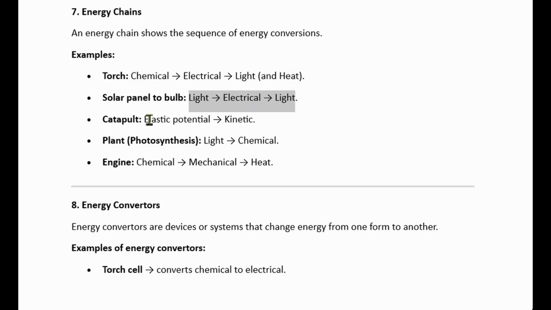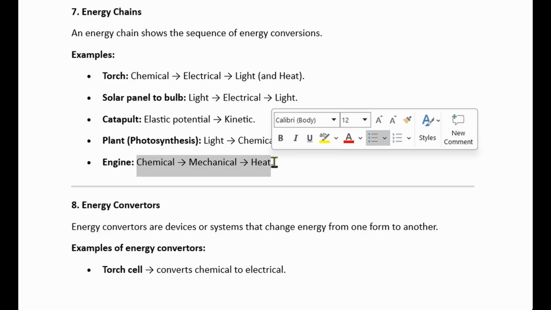Then for a catapult, it is elastic potential energy, which is later converted into kinetic energy, which is the ability to move, right? Then for photosynthesis in plants, the energy chain is light to chemical. Then for an engine, the energy is chemical to mechanical, then heat within the engine.